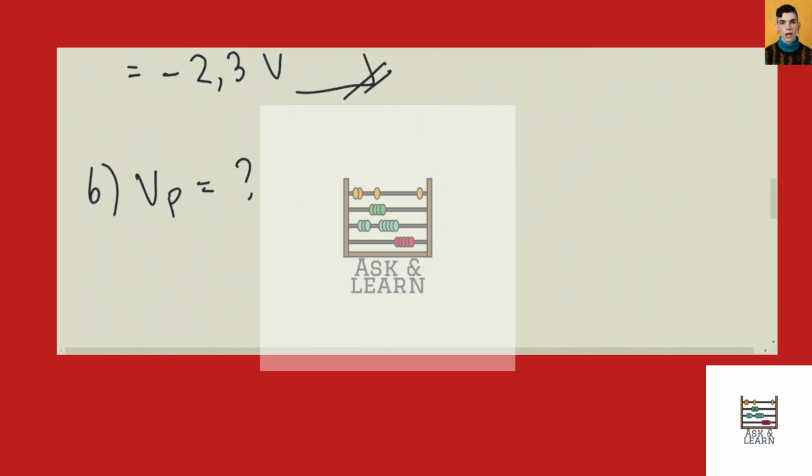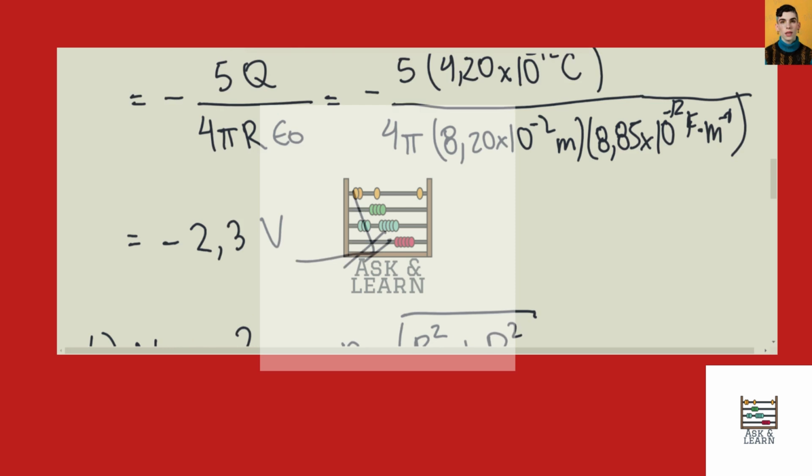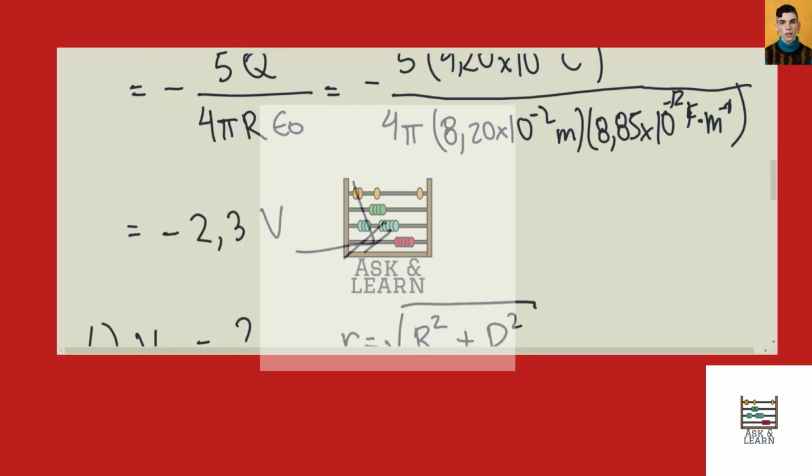So we are just going to substitute this value in here. The distance in this case is the square root of r squared, which is the radius of the circle, plus d squared, the distance to the point P where we want to calculate the electric potential. With this, we just need to substitute this distance in the expression that we obtained previously.